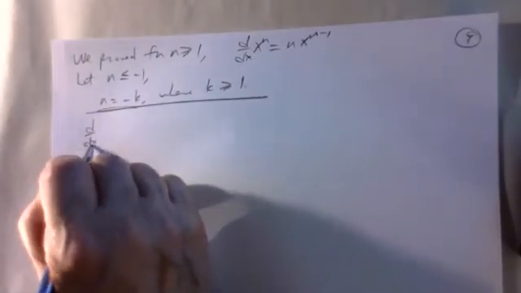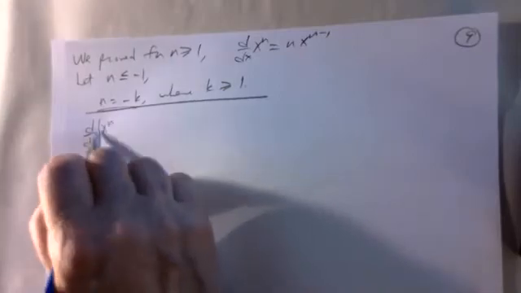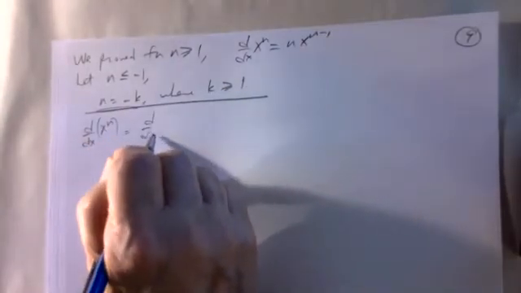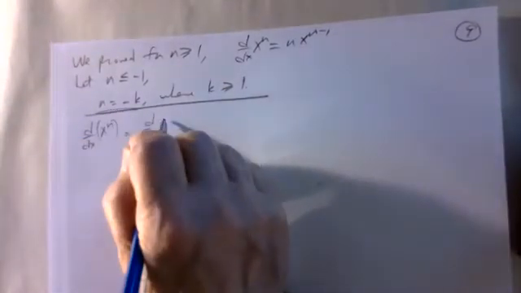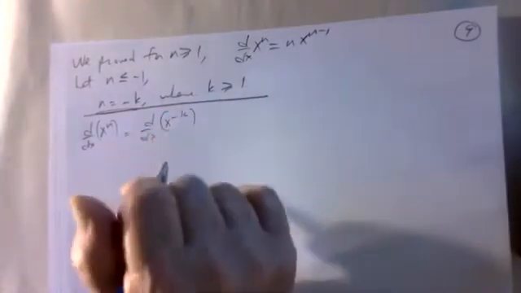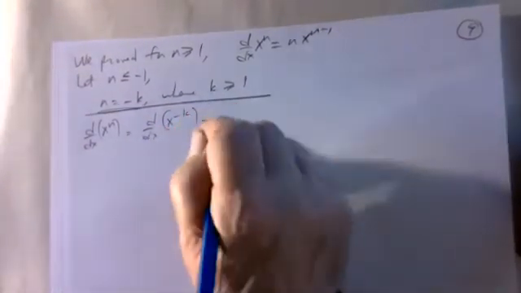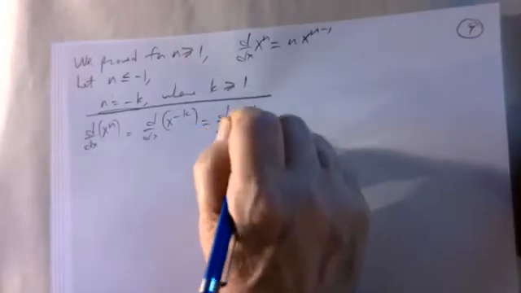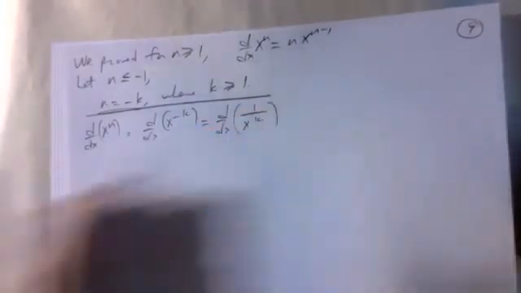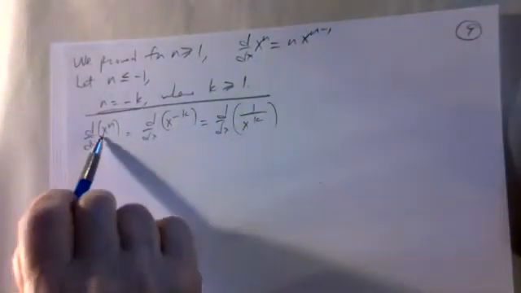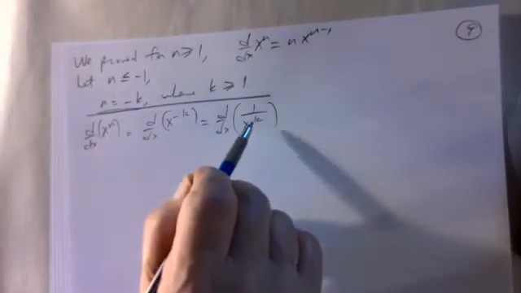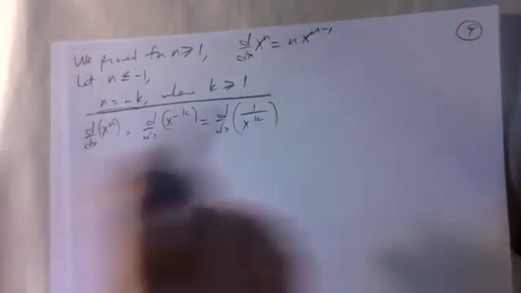So if n is negative, what is the derivative of x to the n? That's the derivative of x to the minus k. X to the minus k means 1 over x to the k. So I can write x to the n as a quotient, and now k is a positive integer.